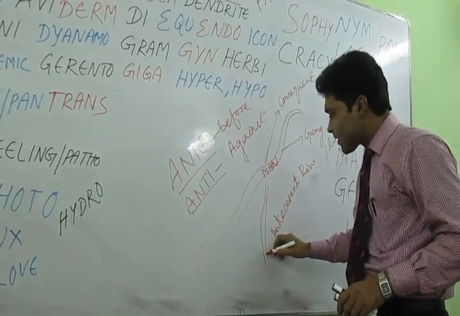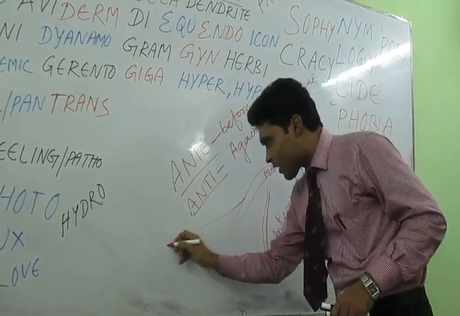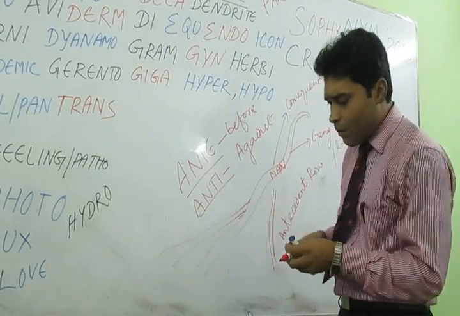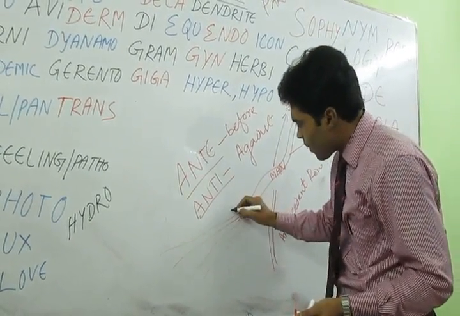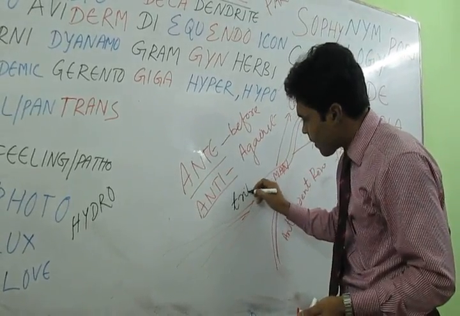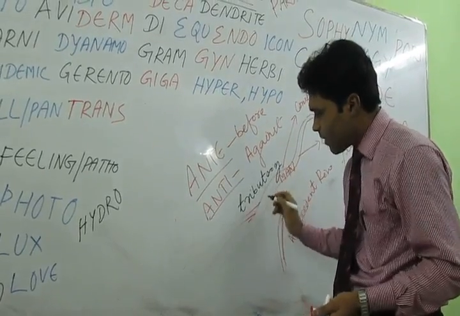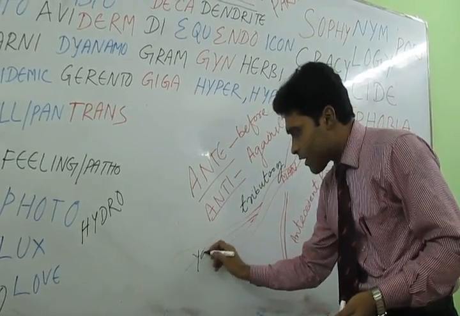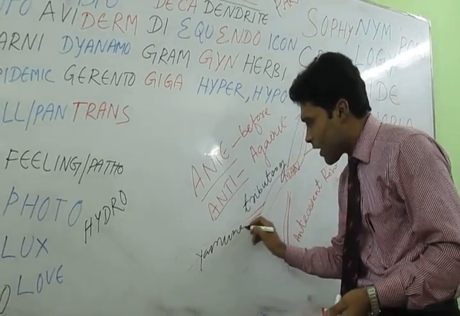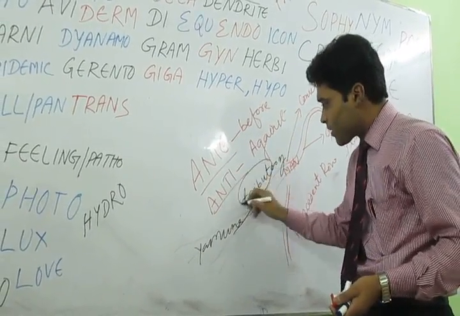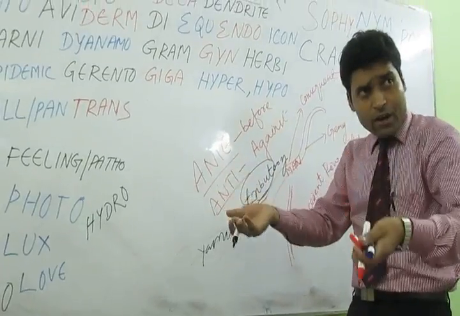So it is an antecedent river, and if this is another river, suppose Yamuna, then we call it tributary, T-R-I-B-U-T-A-R-Y. Tributary means suppose Yamuna is here and it is going to touch your Ganga, then we call it tributary. Another is tribute, which means dedication, surrender.